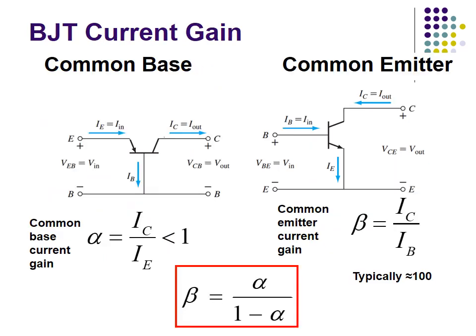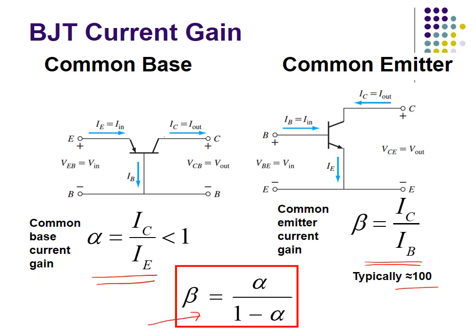So to summarize the current gain, the BJT current gain for common base is alpha, which is given by IC over IE, since IE is the input and IC is the output. In common emitter configuration, the current gain is beta, which is given by IC over IB, since in this case, IB is the input and IC is the output. Beta is large, typically in hundreds. Alpha and beta can be related as shown here.